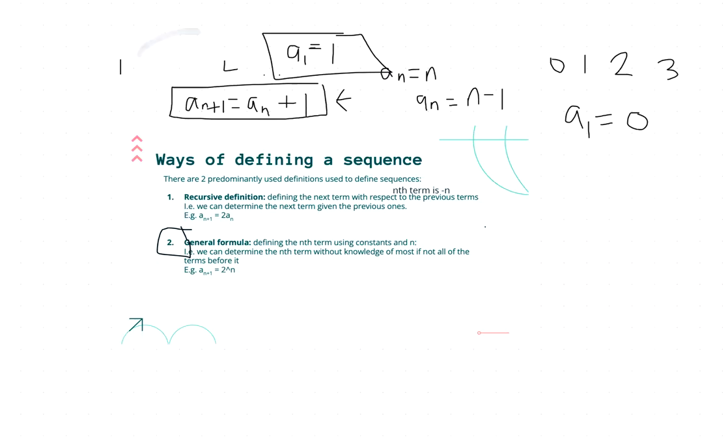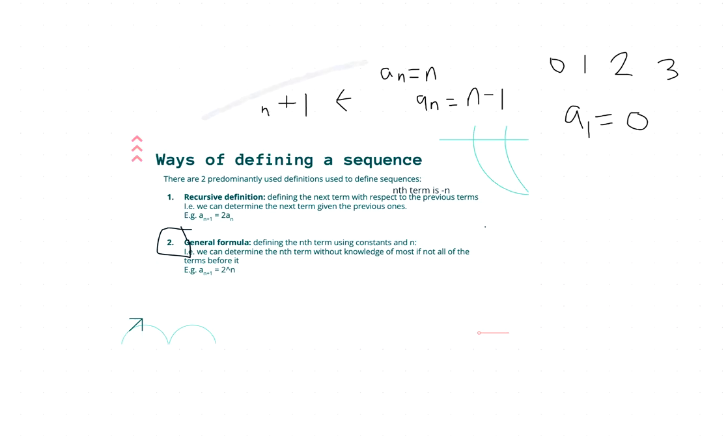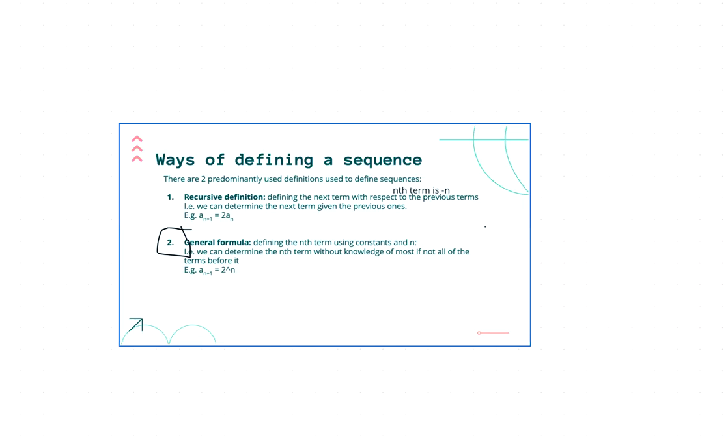Let's try doing one more recursively. How about the powers of 2, starting from 2 to the power of 0? How can we define this recursively?